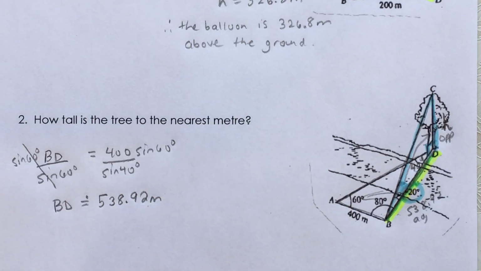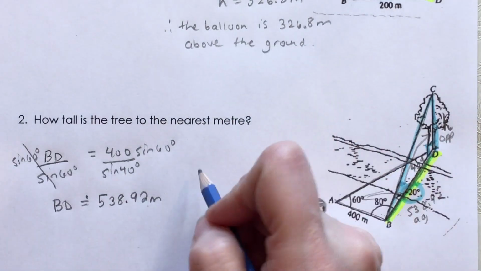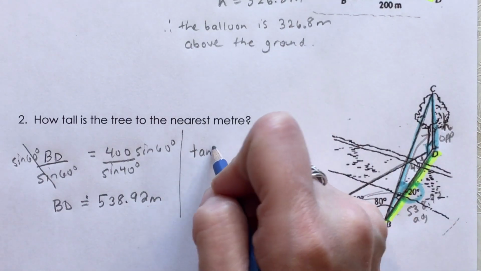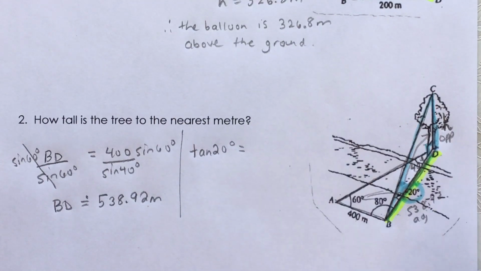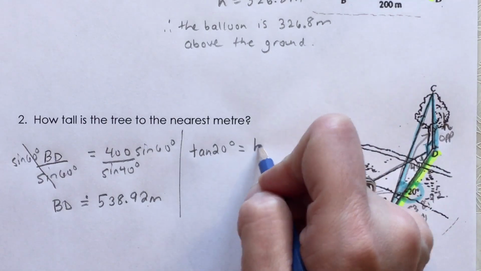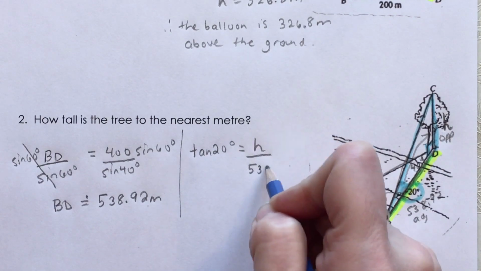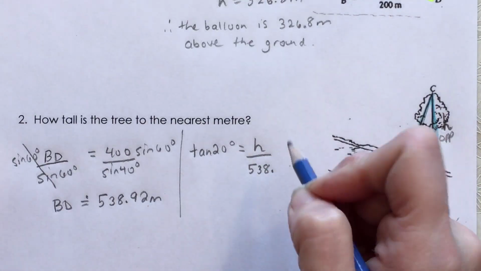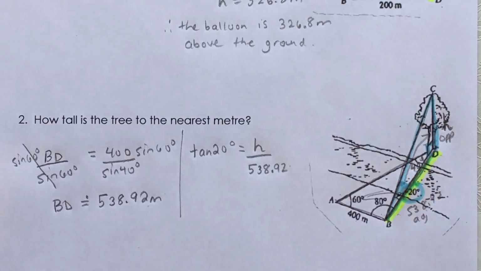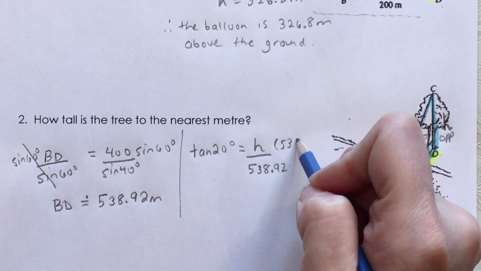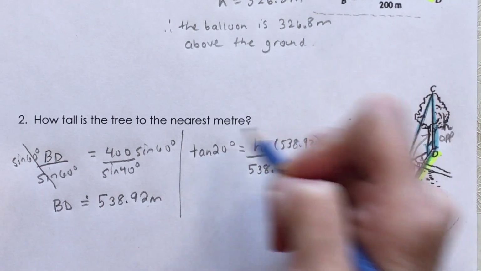So it's going to turn out to be tangent again, because opposite and adjacent are involved. So we can do the tan of the angle, which is 20 degrees, is equal to the length of the opposite side, which is H, over the length of the adjacent side, 538.92. And then we want to get H by itself, so we're going to multiply both sides by 538.92.